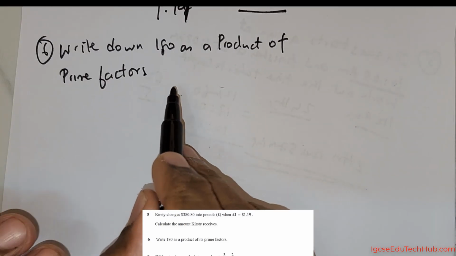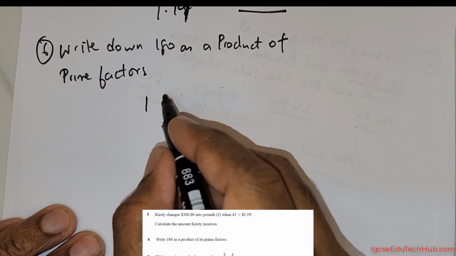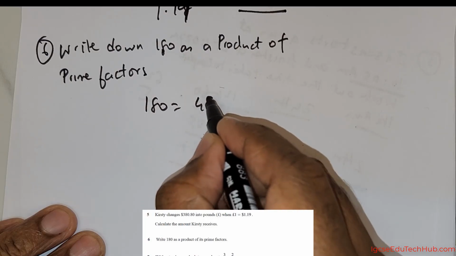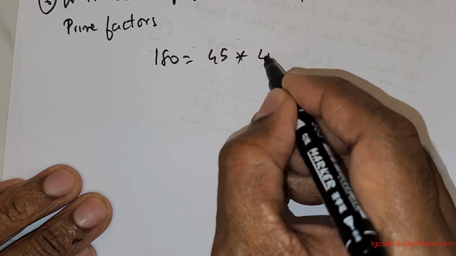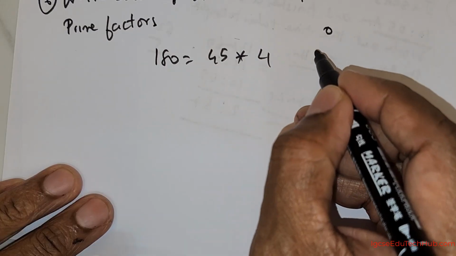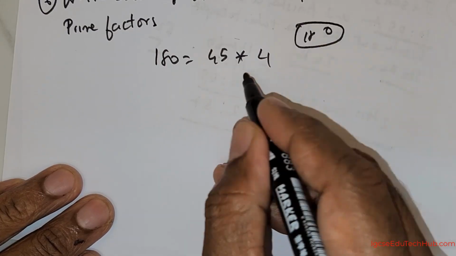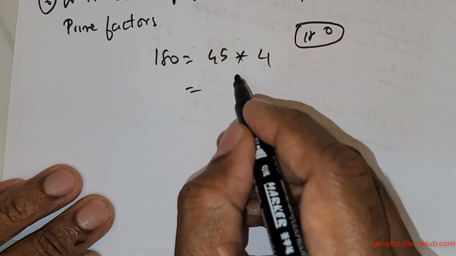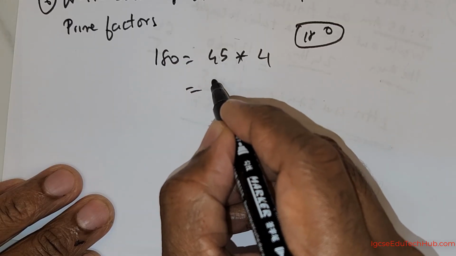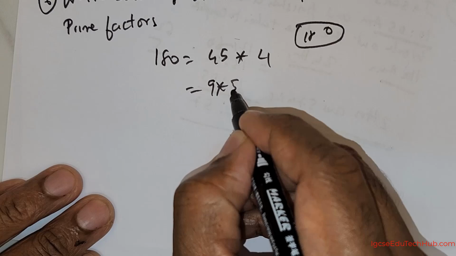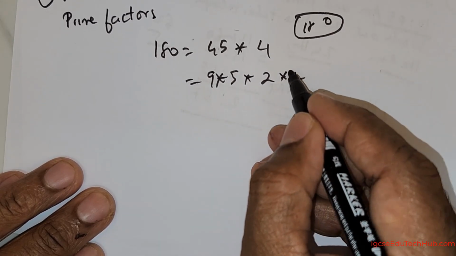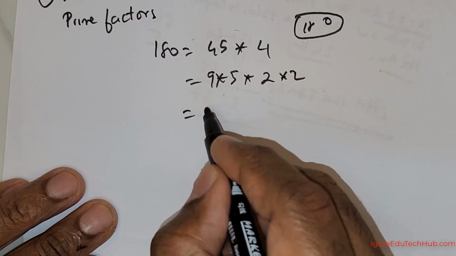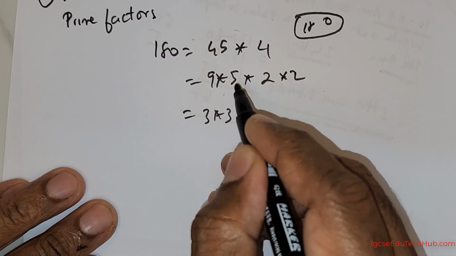Students, we have to write 180 as a product of prime factors. Now 180 is nothing but 45 multiplied by 4. But these are not prime factors. 45 you have to rewrite as 9 times 5, and 4 I'm going to rewrite as 2 times 2. 2 is a prime number. 9 I'm going to write as 3 times 3.